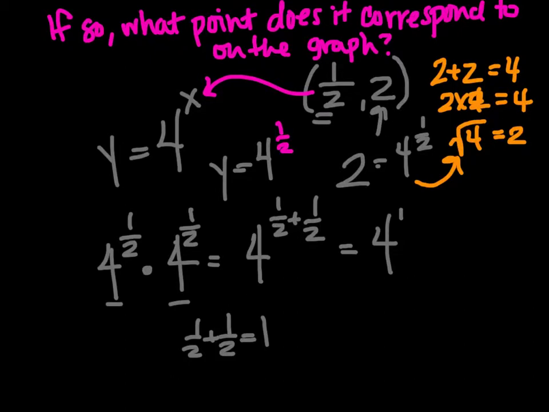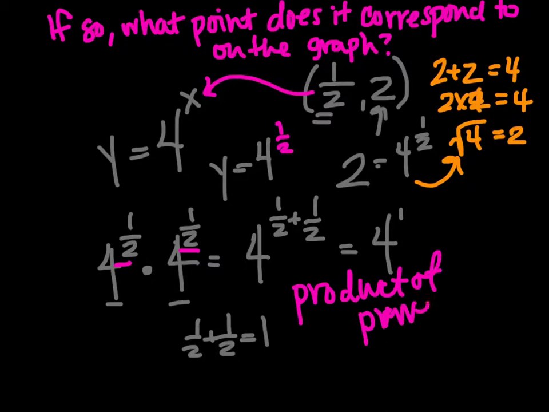So we have rational exponents, and we just used the product of powers property, which is kind of cool. Essentially, we just added our exponents just like we would if we had the same bases.